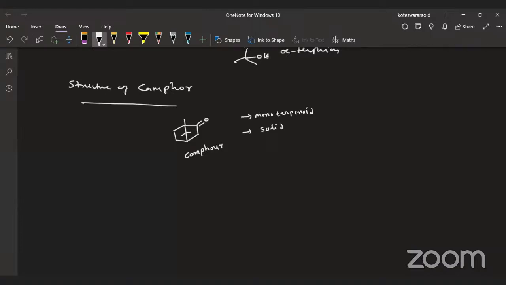Melting point 180 degrees centigrade. And occurrence, that is, isolated from the source.